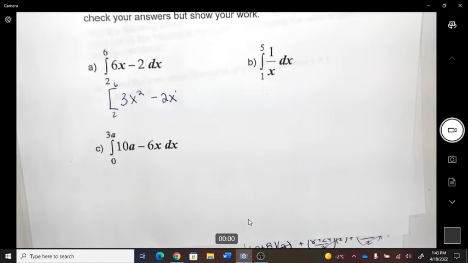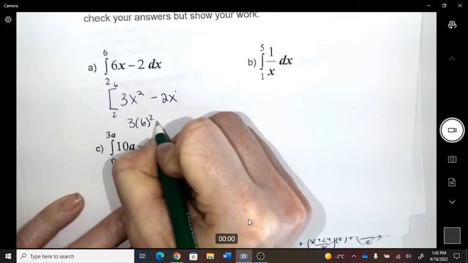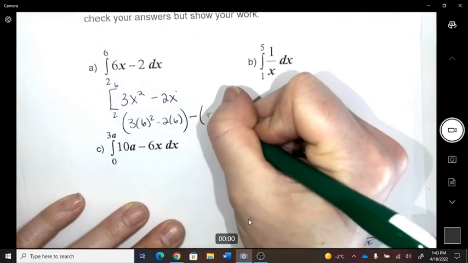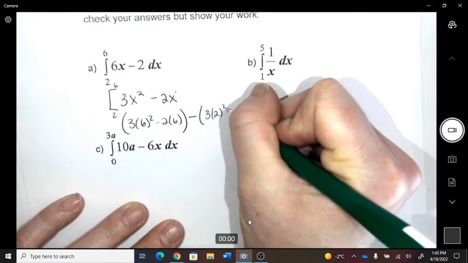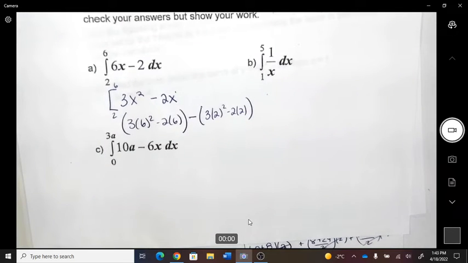Okay, now we plug in the 6. Subtract and plug in the 2. Okay, so just be careful. I feel like this is where most of the mistakes happen on the test, is just in this math part. So just be careful with your typing.